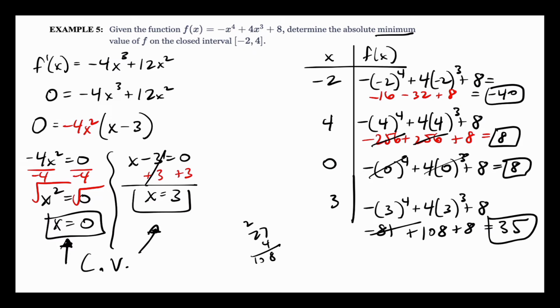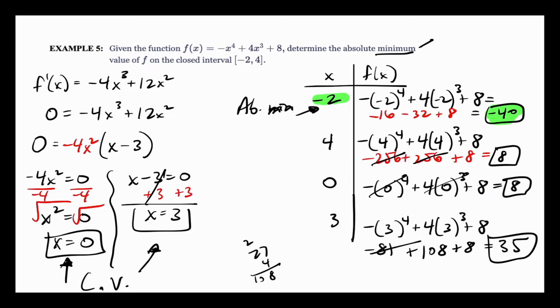Okay. Looking for the minimum. So the minimum is the lowest value, which is -40. So when x equals -2, that's the absolute min.